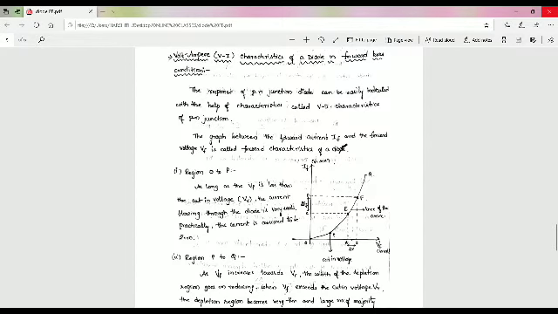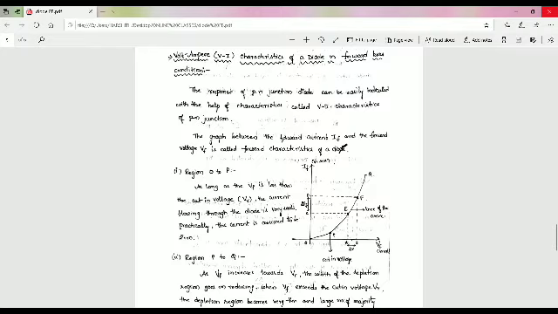The forward biased voltage: the applied voltage is V, while the voltage across the diode is VF, the forward voltage. The current flowing in the circuit is the forward current IF. Voltage is VF, current is IF.